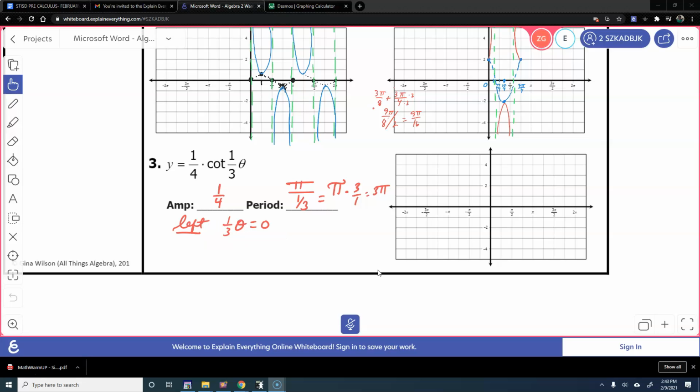We know that the left asymptote will be 0 for the parent function, so therefore theta is equal to 0. The right asymptote is 1/3 theta equals pi, so theta will equal 3 times pi, which gives you 3 pi.